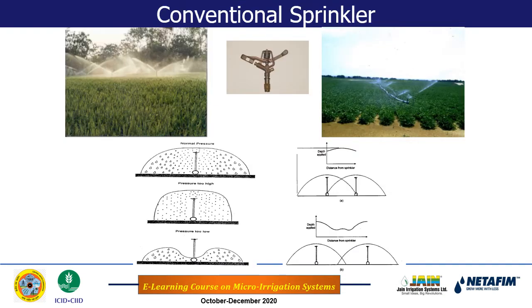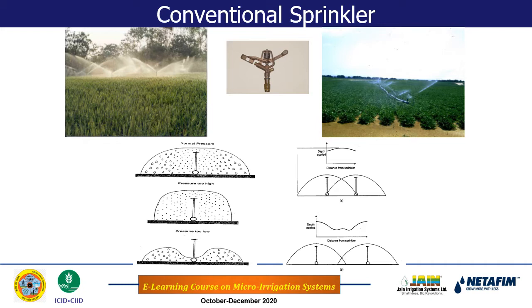And when water is sprinkled in the form of rainfall, this water will fall over the land surface, over the canopy, and as water falls over the land surface, it will infiltrate and the irrigation is effected.